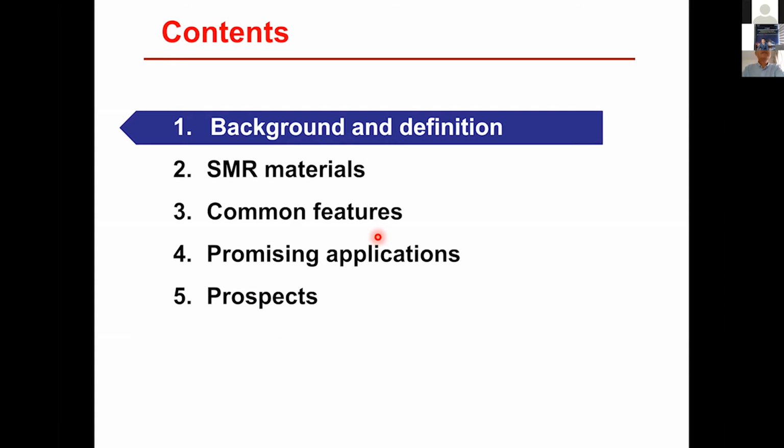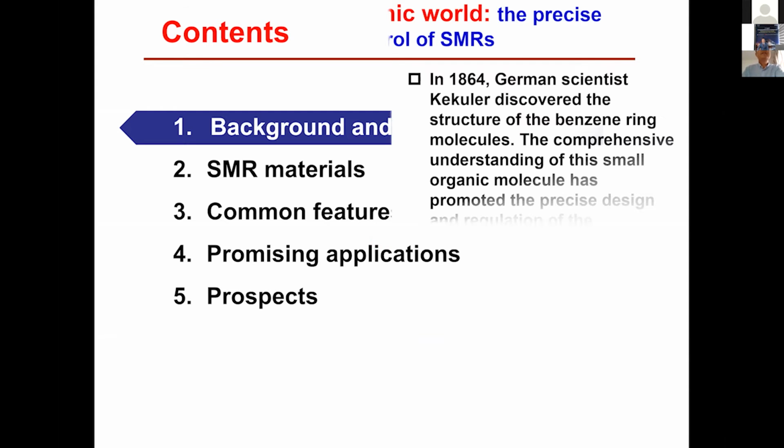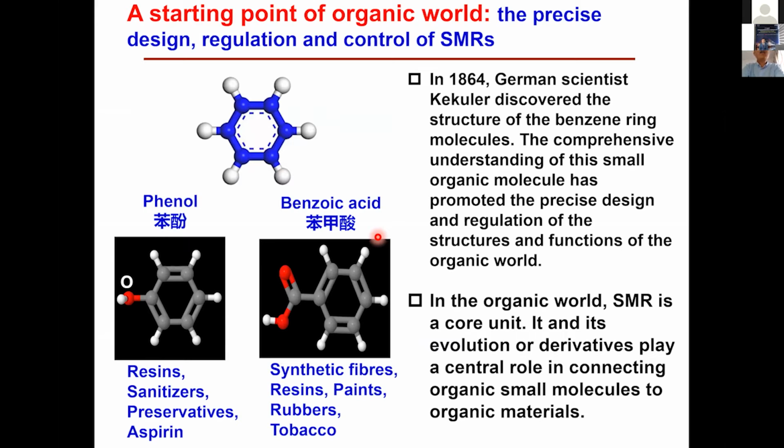I will give my talk in 5 parts. As we know, in the organic world, the six-member ring, that means the benzene ring, is actually a starting point. Back in 1864, the German scientist discovered the structure of the benzene ring molecule. Scientists have a comprehensive understanding of these molecules.